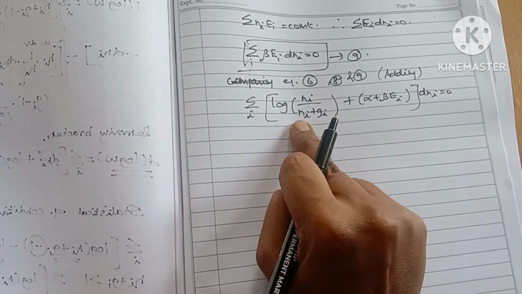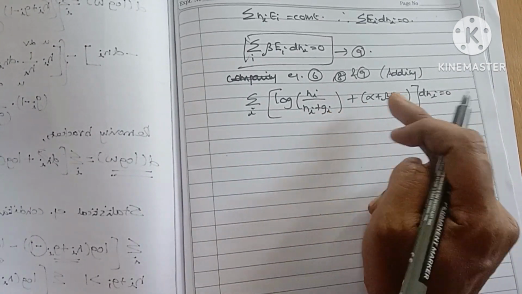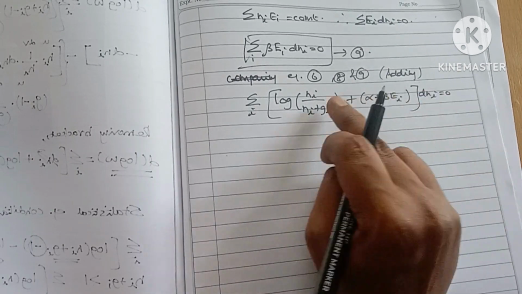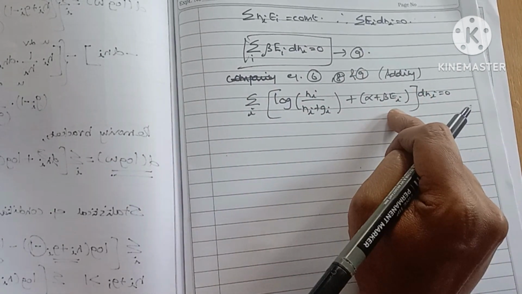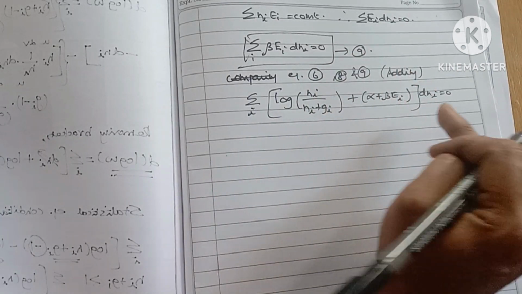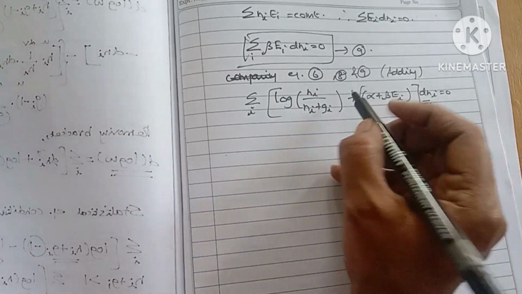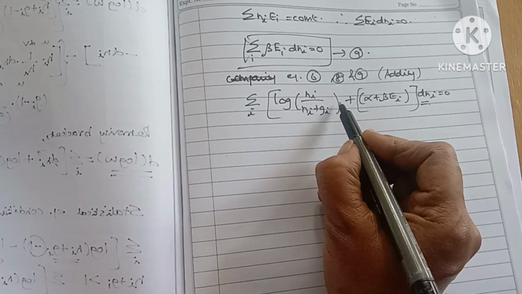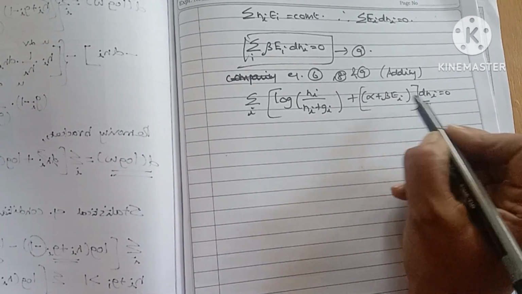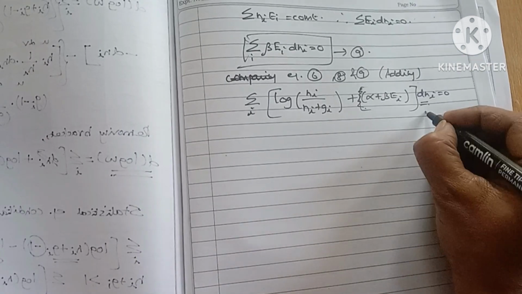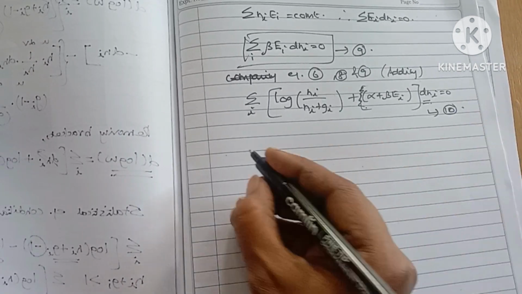So this is sixth equation. Then eighth one we will have alpha dni, and for ninth equation beta ei dni. From 8 and 9 I have taken this term as constant term dni. Then here also dni will be there. So I have taken this term as a common one. Okay, this is equation number 10.